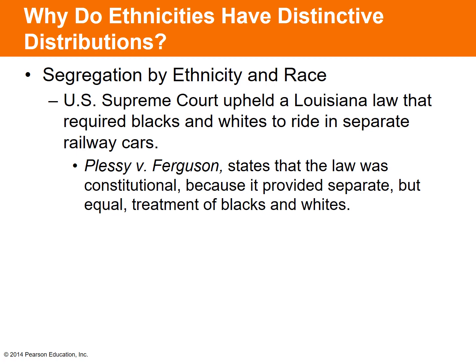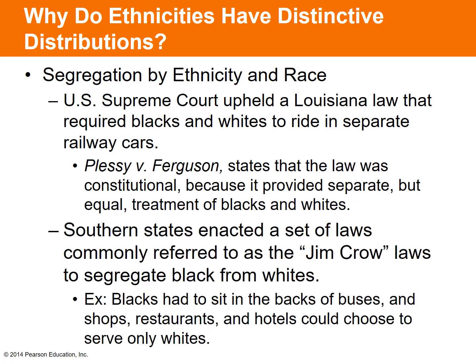Now, we know, with hindsight being what it is, that you really can't have equal treatment if you have separate treatment. Southern states enacted a set of laws commonly referred to as the Jim Crow laws to segregate blacks from whites.